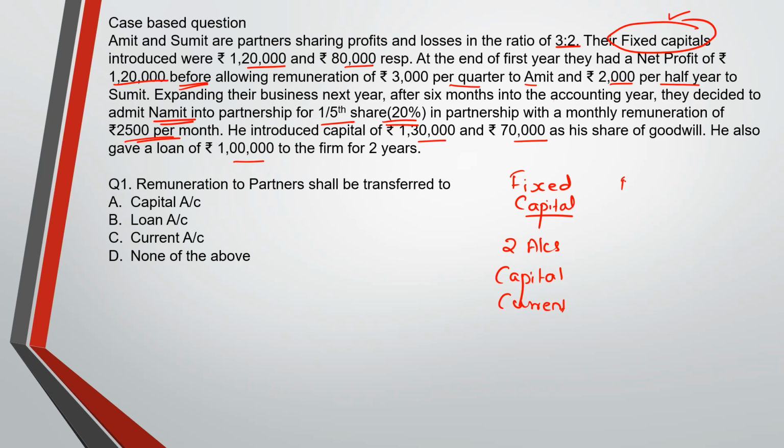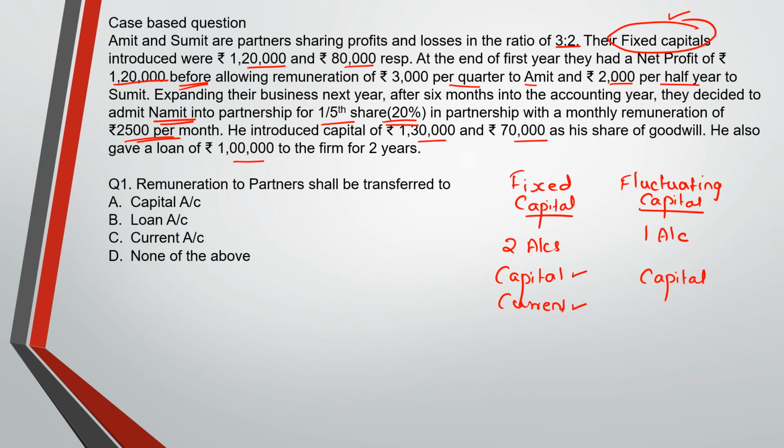The other method is the fluctuating capital system. In this capital system, only one account is maintained for each partner, that is the capital account, and all the transactions go through this capital. When fixed capital is maintained, only the capital-related additions and permanent withdrawals go there, whereas all items of appropriation go through the current account.